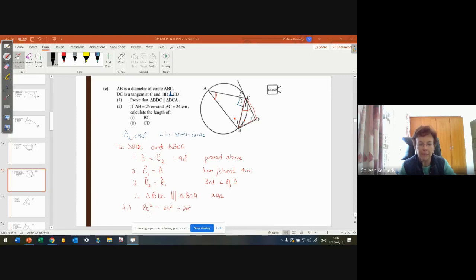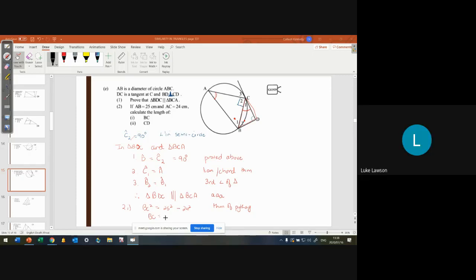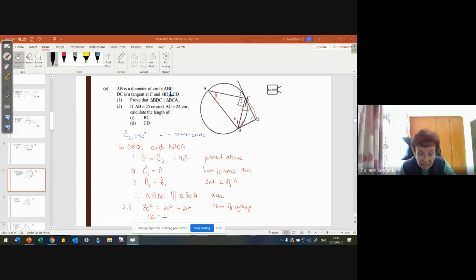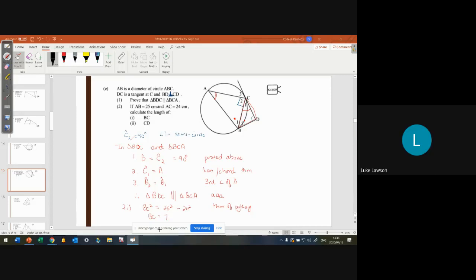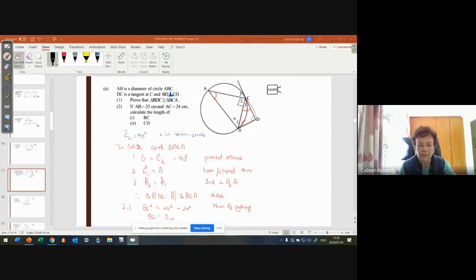That's the theorem of Pythagoras. And what did you get BC to equal? 7 centimeters. So that's a nice famous Pythagorean triple.